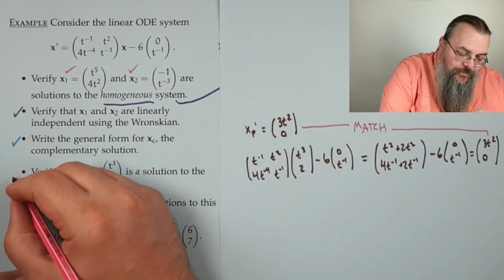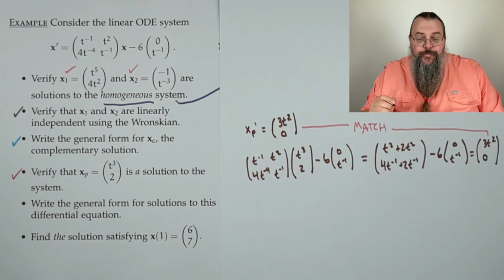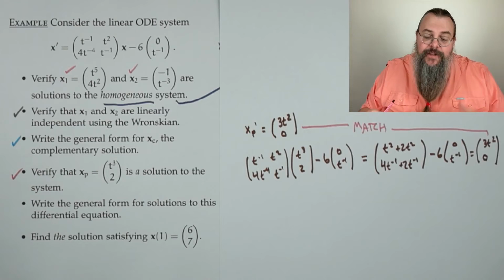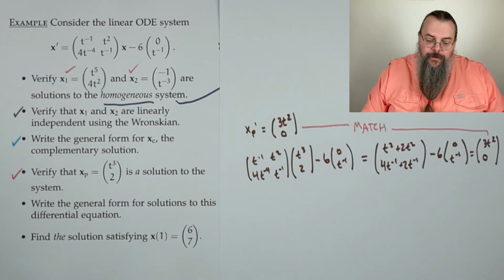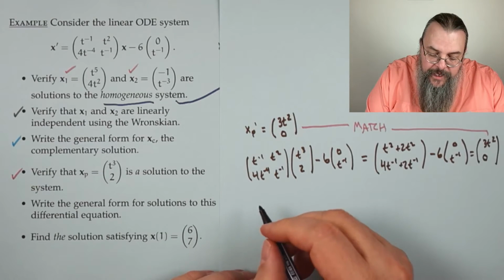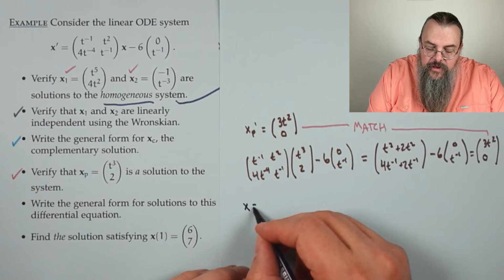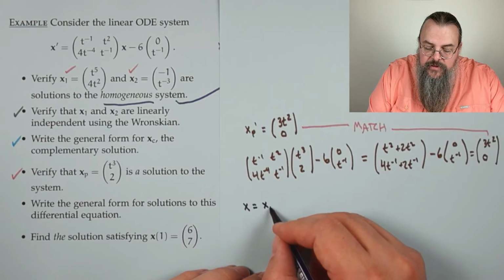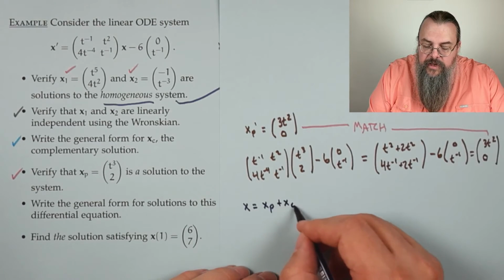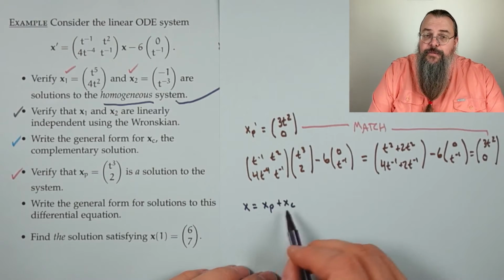So we've done that. Two things left. Write the general form for our solution to this differential equation. Okay, so what will that look like? Well, remember our general form looks like x is our particular solution, xp, plus our xc. It doesn't matter which order you put them in.